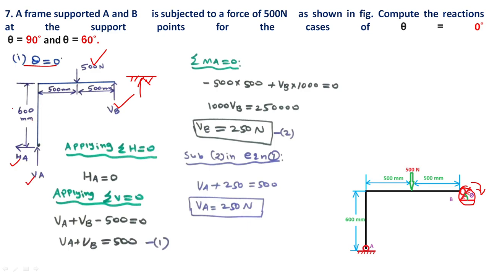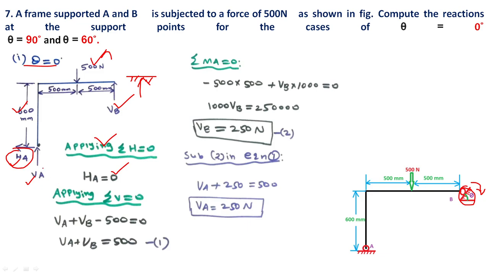The 500 Newton acts in the downward direction, at 600 mm. Now apply the sum of horizontal and vertical forces. Horizontal force is only Ha, so Ha is 0: there is no horizontal reaction force at point A.